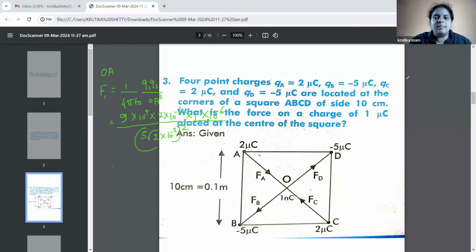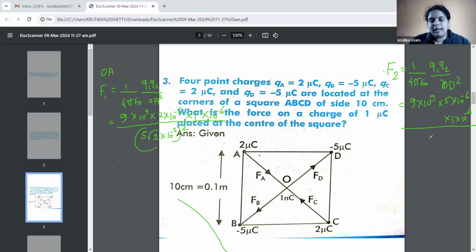So some students do the F1 calculation, some students do the F2 calculation. F2 is 1 upon 4 pi epsilon naught Q1 Q2 divided by R square. Your R square is OD square, which is 9 into 10 raised to 9 into 5 into 10 raised to minus 6 into 1 into 10 raised to minus 6.